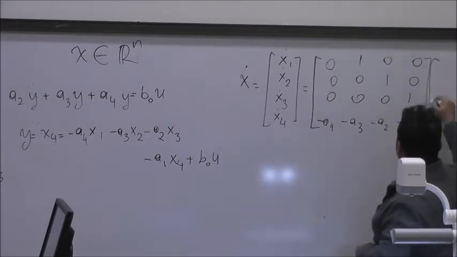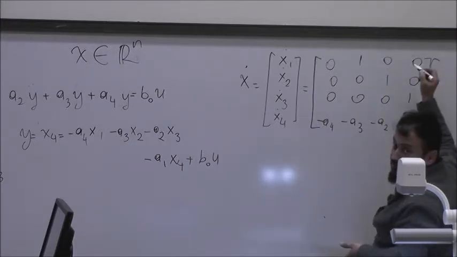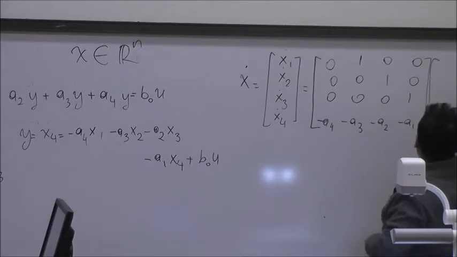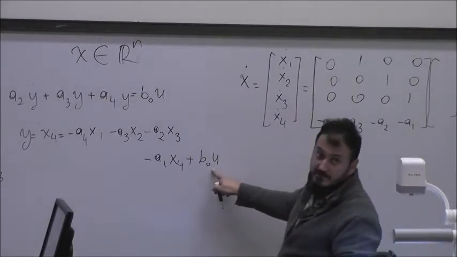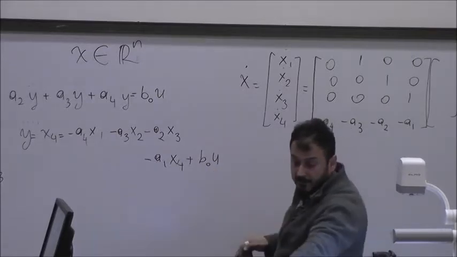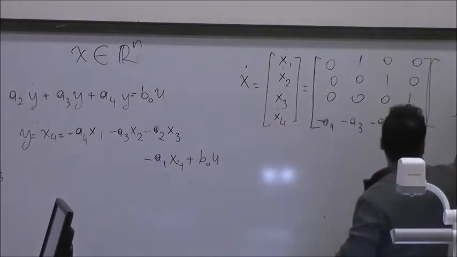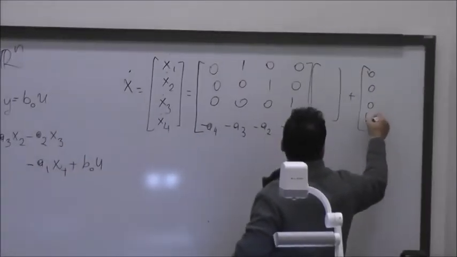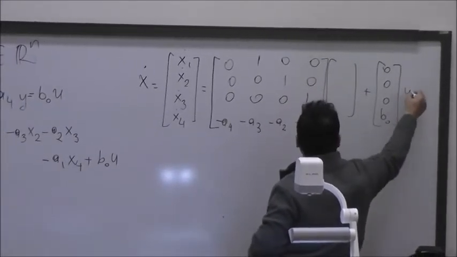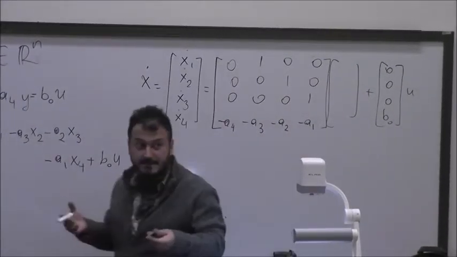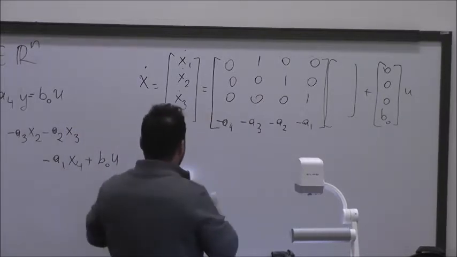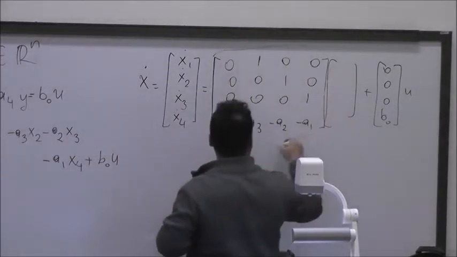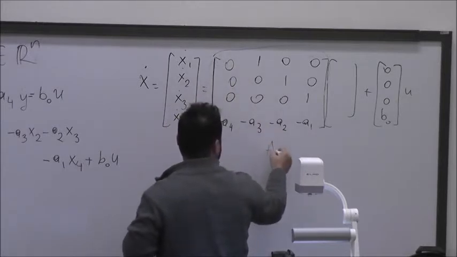And here I have my x's, plus, for u I have nothing, just b0: 0, 0, 0, b0, and u. So you have your state space representation. This is your A, the system matrix.